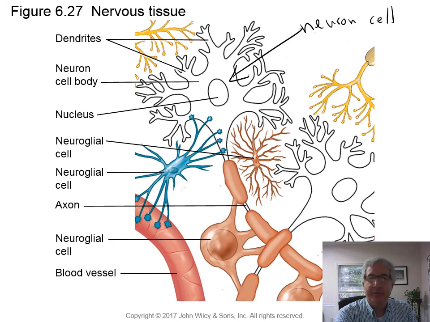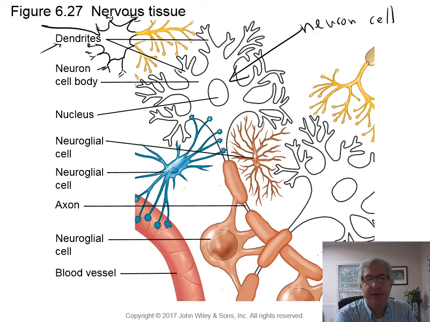And we have dendrites here coming from another neuron over here. Let's draw this again. There's another neuron over here that's sending out dendrites, and then it has an axon coming off here.